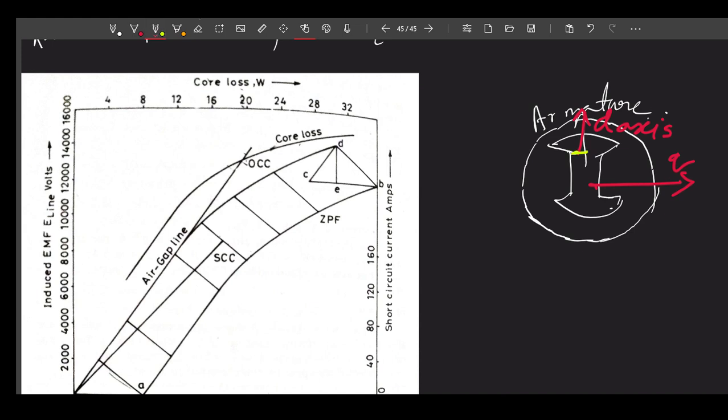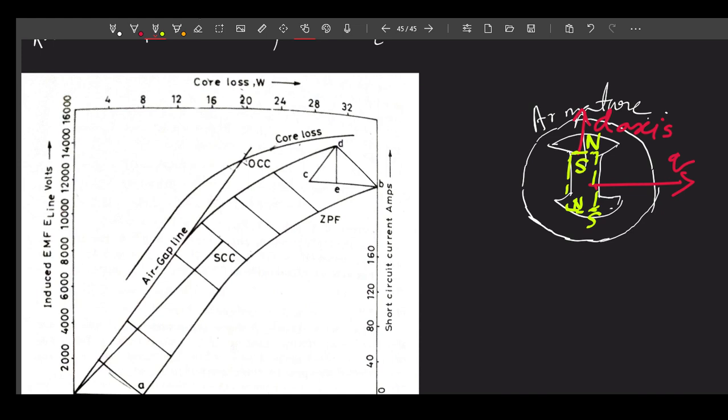Now the virtual armature magnetic field produced, you can visualize as produced by a virtual magnet. If this is N, this is S, then for a purely lagging current, that is lagging your E by 90 degrees, it will be like S-N. So it is just demagnetizing and it is acting along your XD.